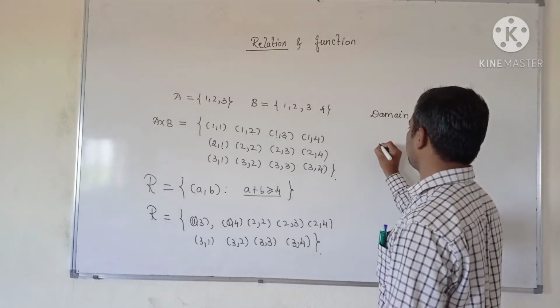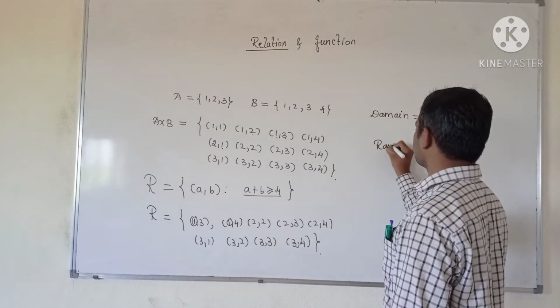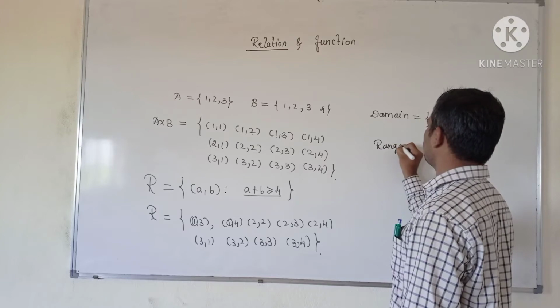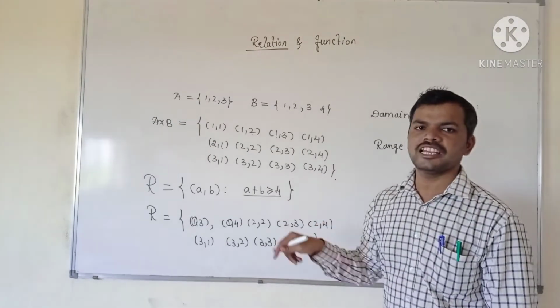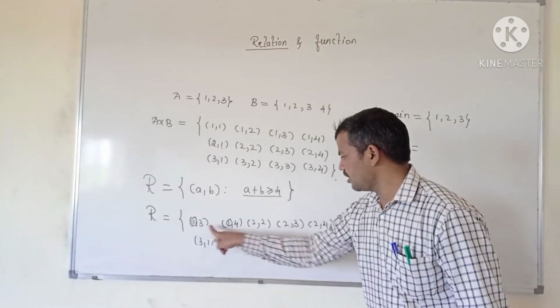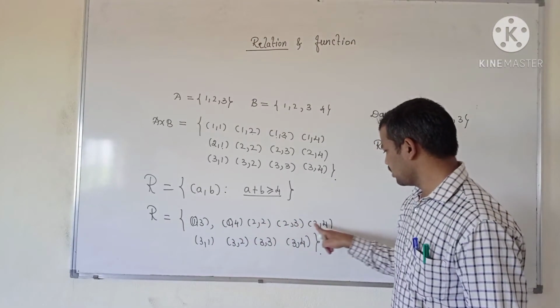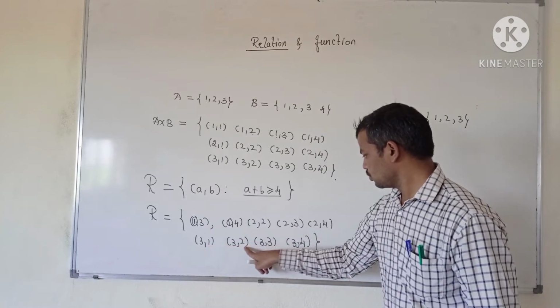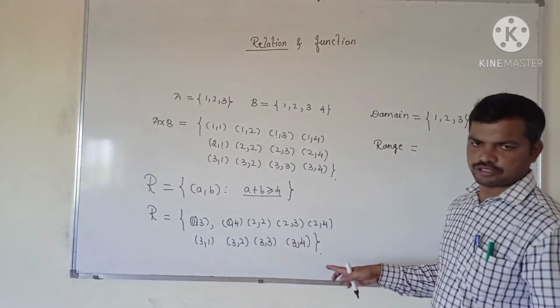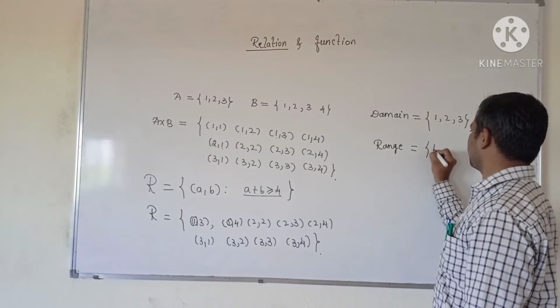If we take the range, the second elements, the collection of all the images, we call it the range. The second elements we called images. So 1, 2, 3, 4 is the range.